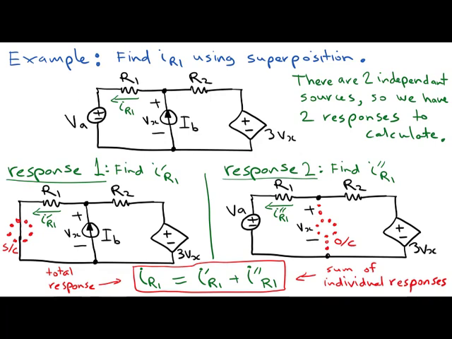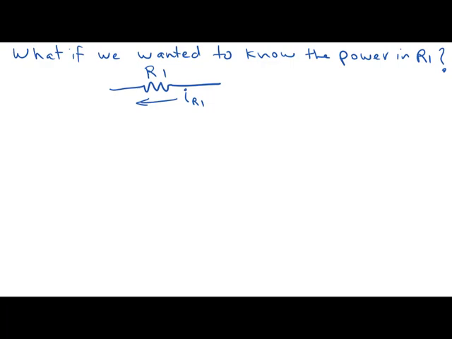So now, just out of curiosity, just so we can understand this a little bit better, what if we wanted to know the power in R1? So we have R1, let's say that value is given, let's say it's like 10 ohms or some sort of thing like this, and we've calculated IR1 using superposition. So that's a total response, IR1.